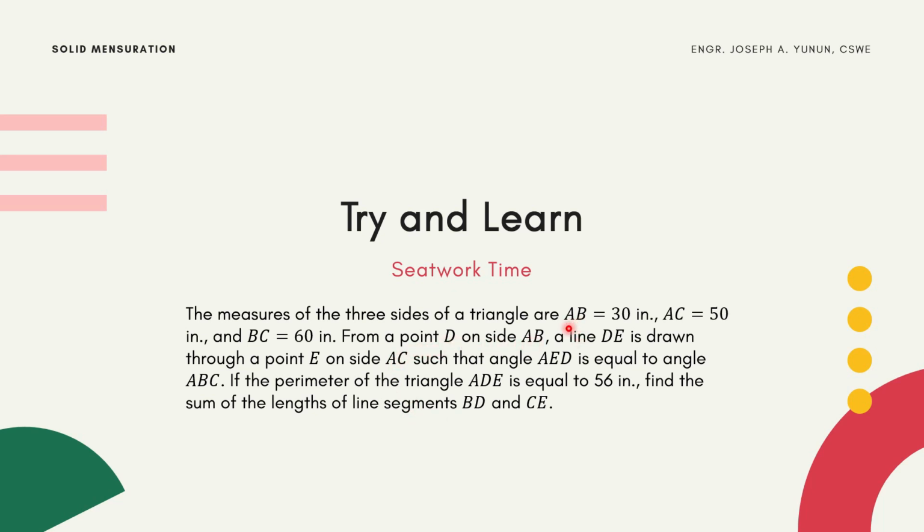Since you have drawn AB, you can draw a point, right? And then a line from D going to E is drawn to a point E on side AC. So you have point D here and then point E on side AC. And then you can do the rest if you want to.